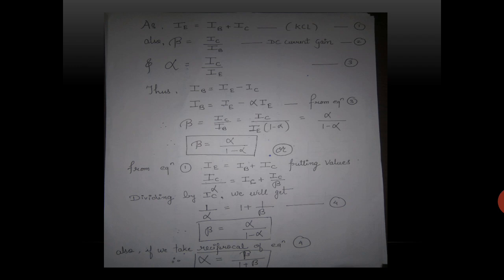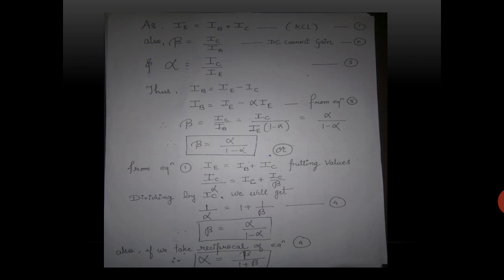So putting the value of IC, which is alpha IE, from equation number 3, we can take IE as common. Okay, IB is equal to IE minus alpha IE. So we can keep IE common and we will get IE in bracket 1 minus alpha.